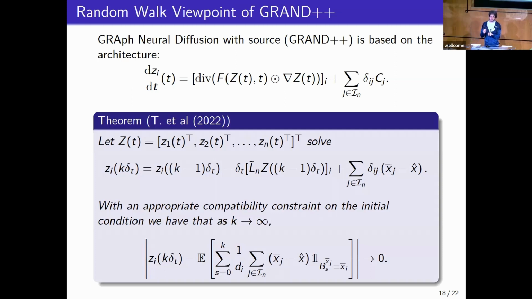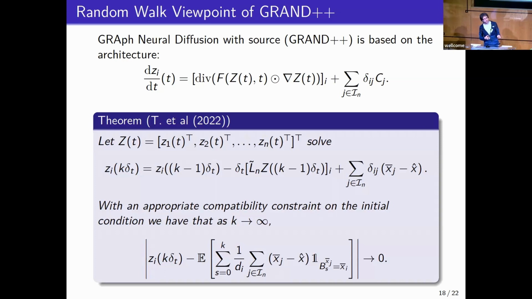Each of these random walks walks around my graph, and every time they hit a node, say the ith node I'm interested in, they make a contribution. So I'm really looking at the frequency of how often these random walks hit the node I'm currently looking at.